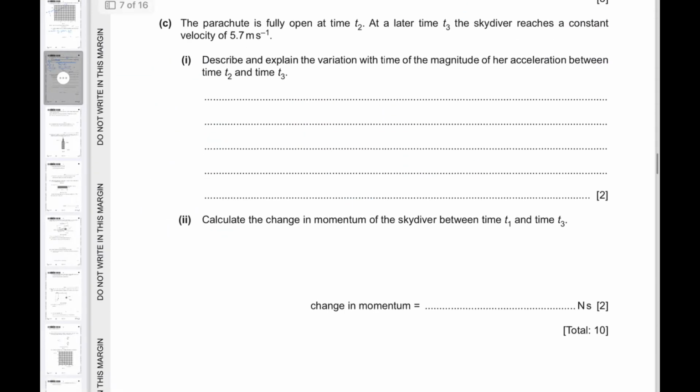Parachute is fully open at time 2. At a later time, t3, the skydiver reaches a constant velocity of 5.7 meters per second. Describe and explain the variation with time of the magnitude of her acceleration between time 2 and time 3. We know the parachute opening causes deceleration, that is, the speed of the skydiver will decrease.